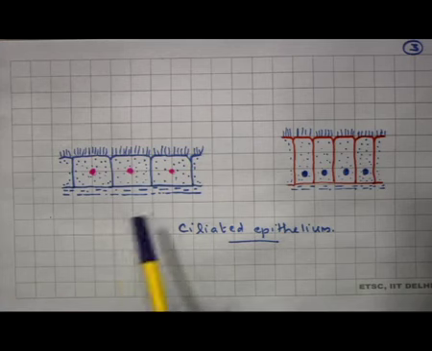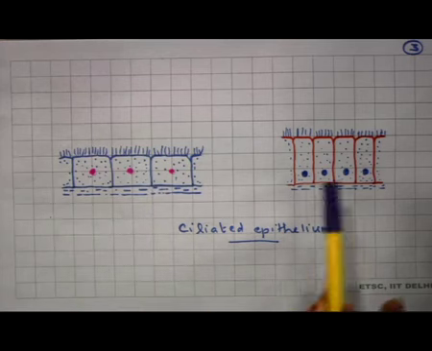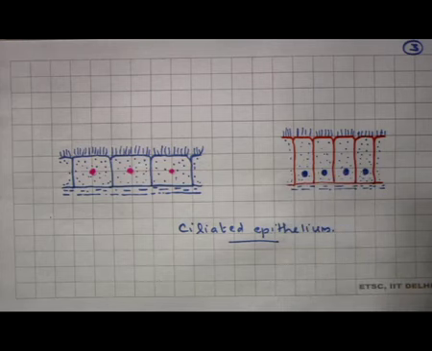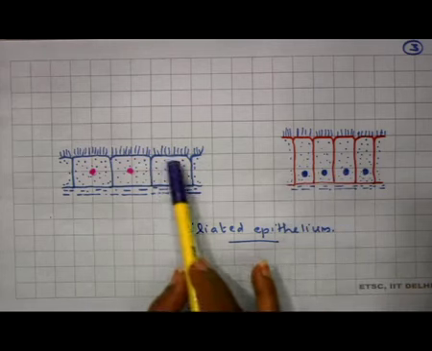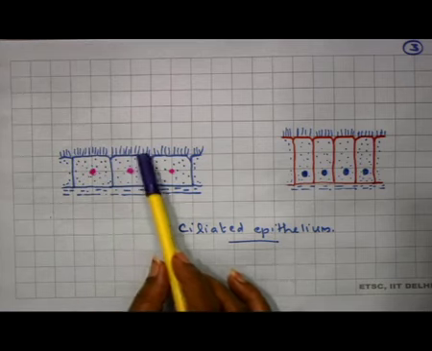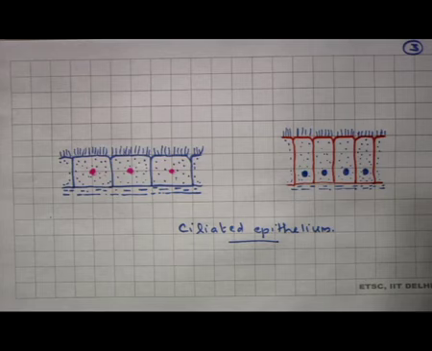Now, regarding the shape, it may be cuboidal or it may be columnar, tall and pillar like cells. Now, why are they called ciliated? Because they have cilia on their free surface.